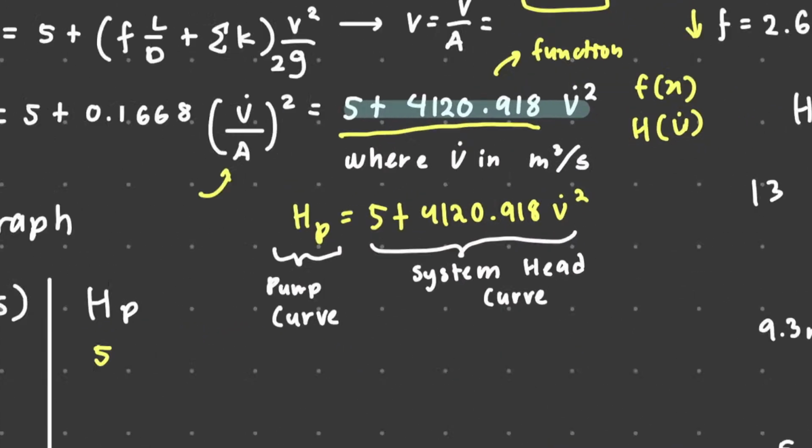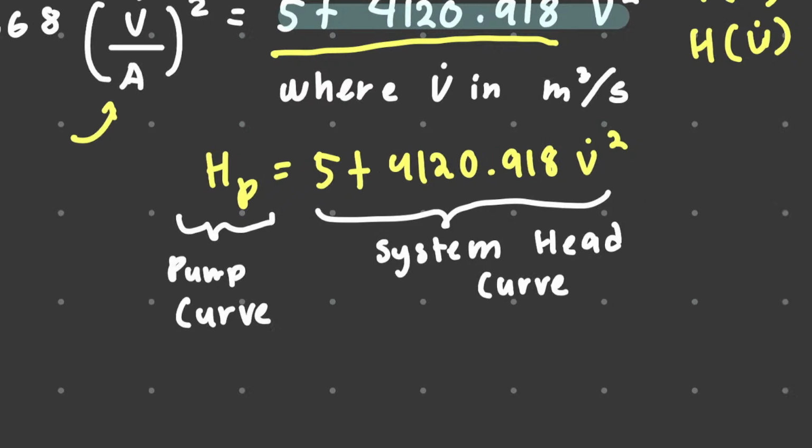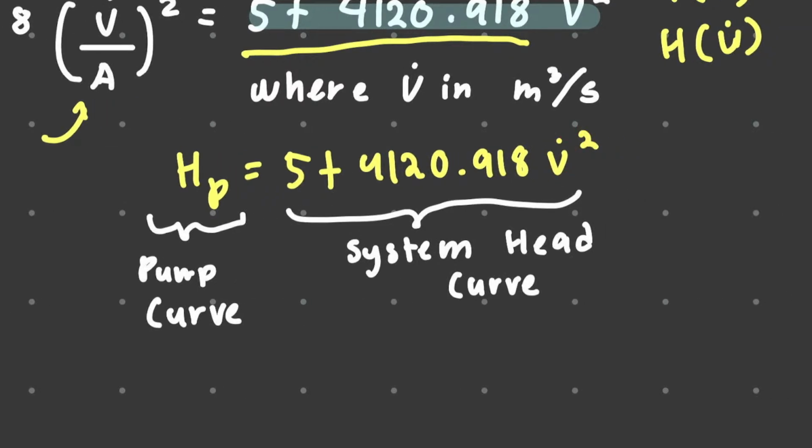Okay. So this is the important stuff. So why is it so small? So this is horsepower. This is the pump curve. It equals 5 plus a constant. You have a coefficient here, and then you have flow rate squared.